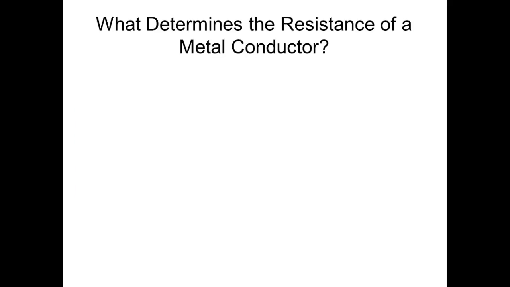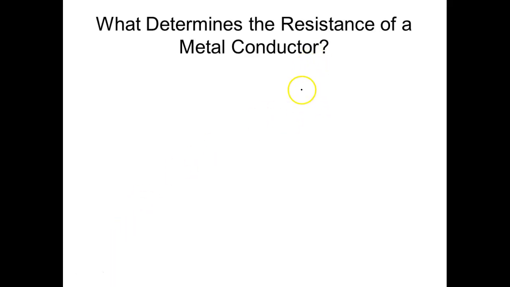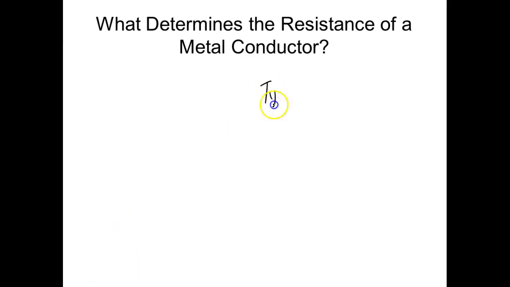What determines the resistance of a conductor? Yeah, the metal it's made from, right? Or I guess type of metal would be better. We do a little better job with that. What's the next thing?